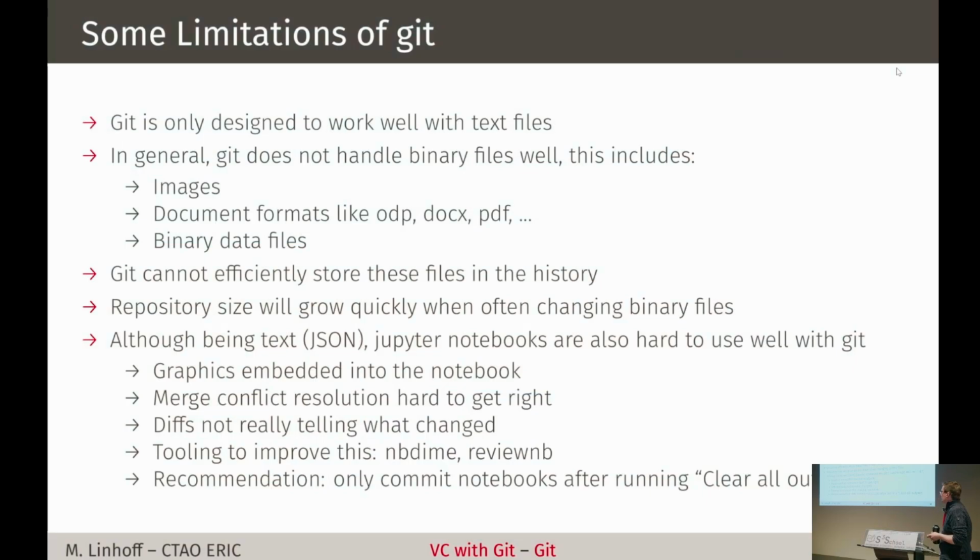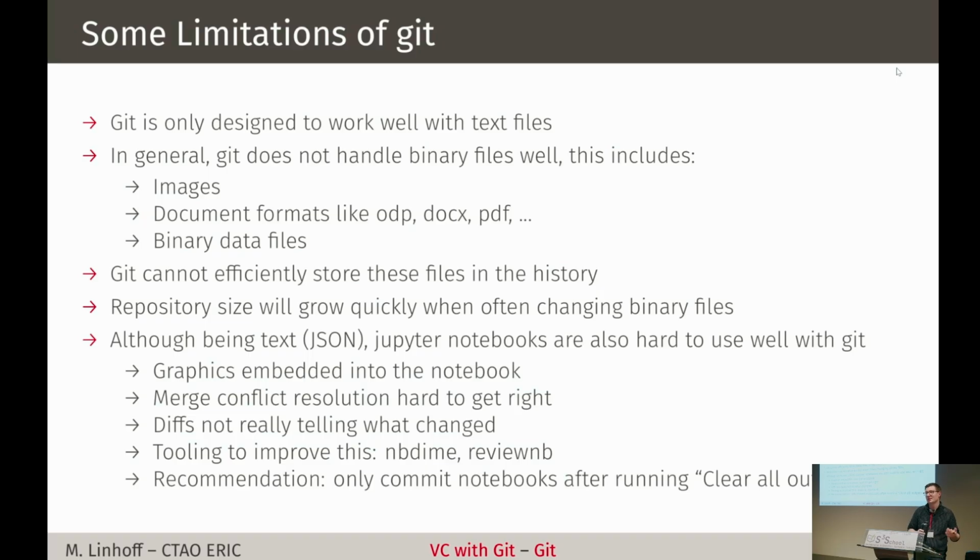And then there's also some things which are text files but which are also not great in merge conflict resolution, for example. If you store a Jupyter notebook, it's a text file, it's JSON.